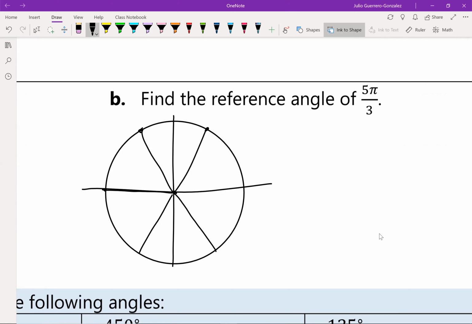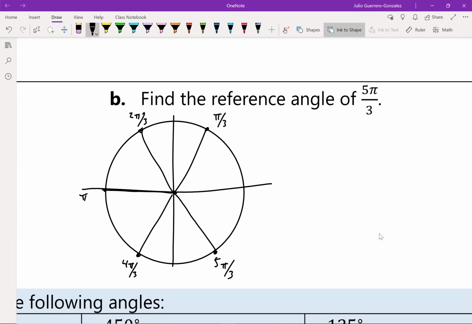Notice how this is working out. This is pi, four pi over 3, 5 pi over 3.